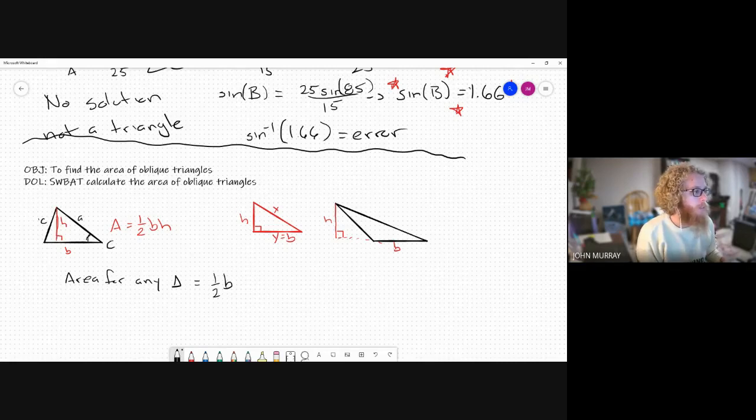The A times the sine of C, that would give me my height, right? And that's just using basic trigonometry. The sine is the opposite over the hypotenuse. So doing a little algebra, I get that the height is equal to A times the sine of C.